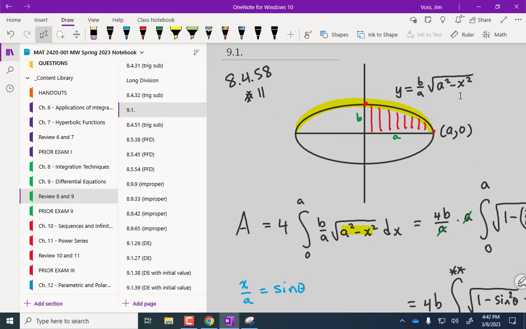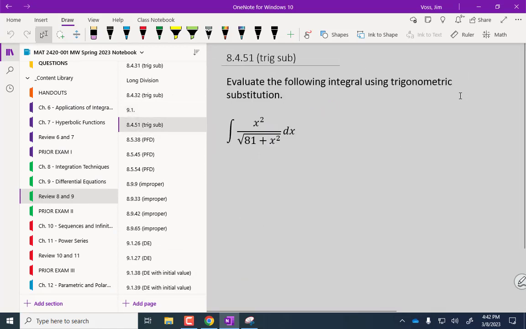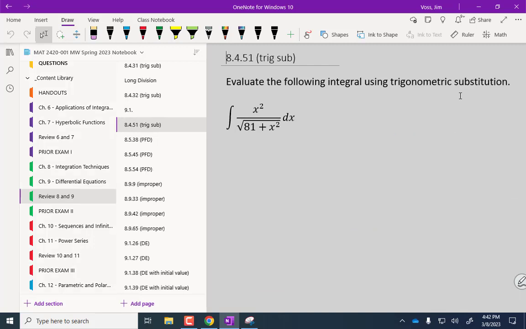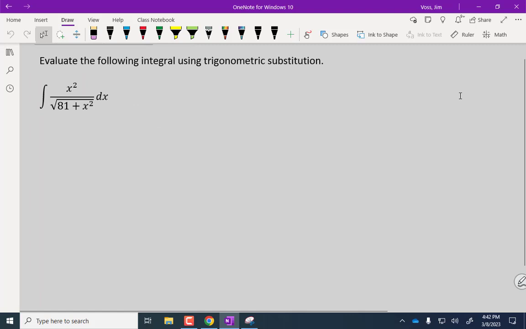All right, one more trig sub. Do a tangent one. Please, no. We already did a tangent one, didn't we? No, we didn't. I thought we did. No, I didn't. Did you? We did not do a trig sub with tangent yet.